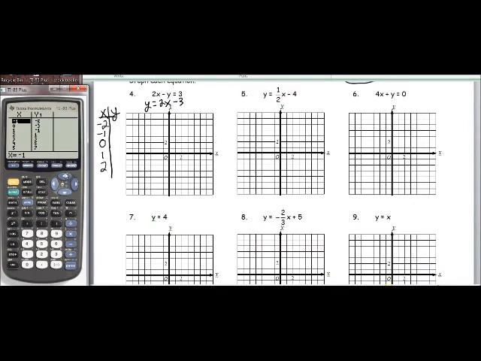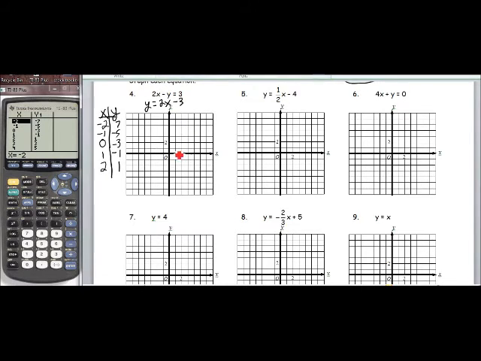And let's see, when x is -2, y is -7, then it's -5, -3, -1, then it's 1.